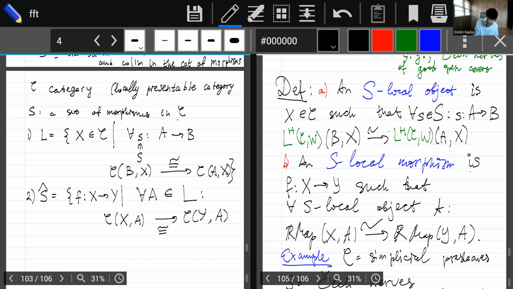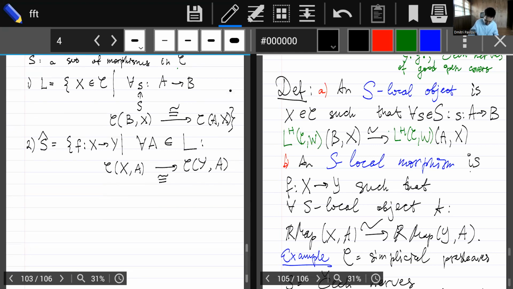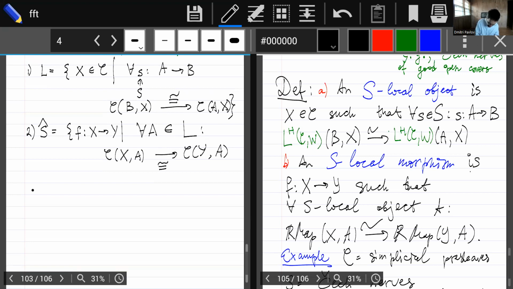So the existence requires some condition. Then, with these two definitions in mind, here's a theorem. You have a reflective localization where the inclusion functor from L to C has a left adjoint.